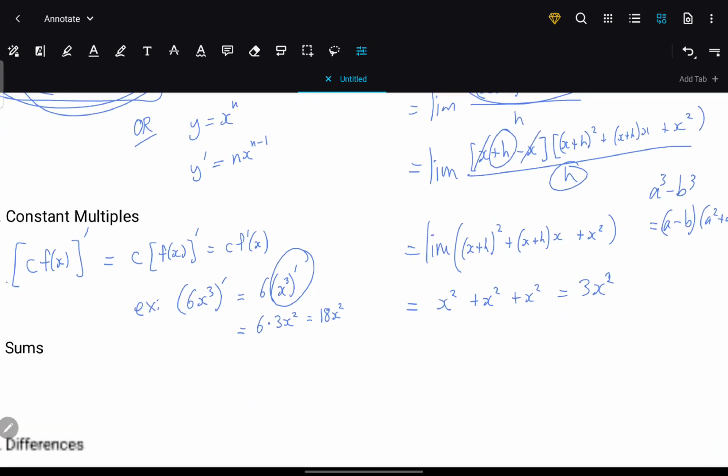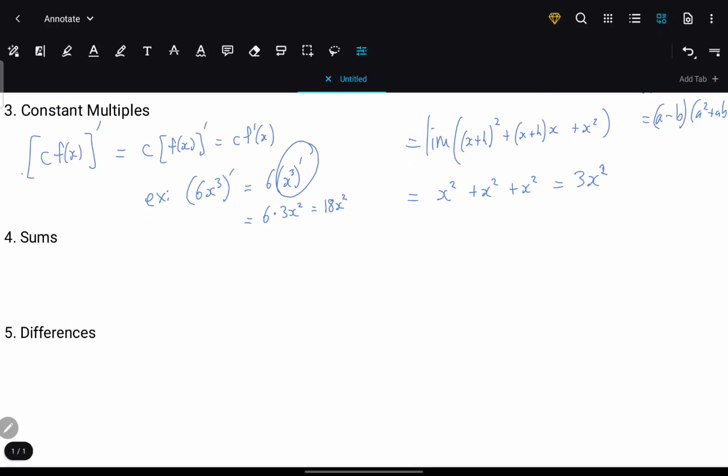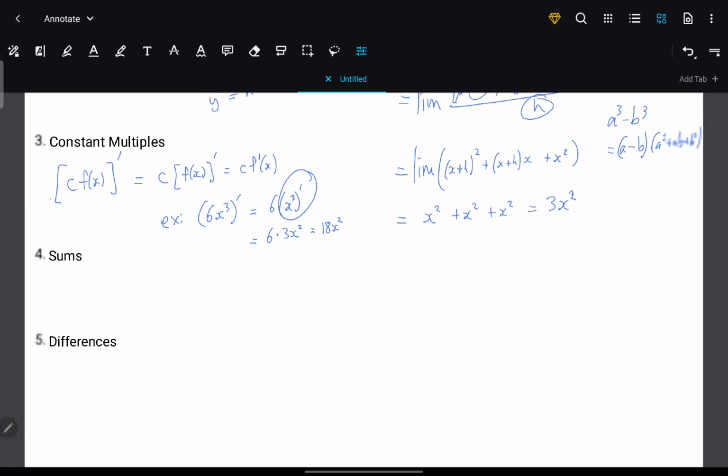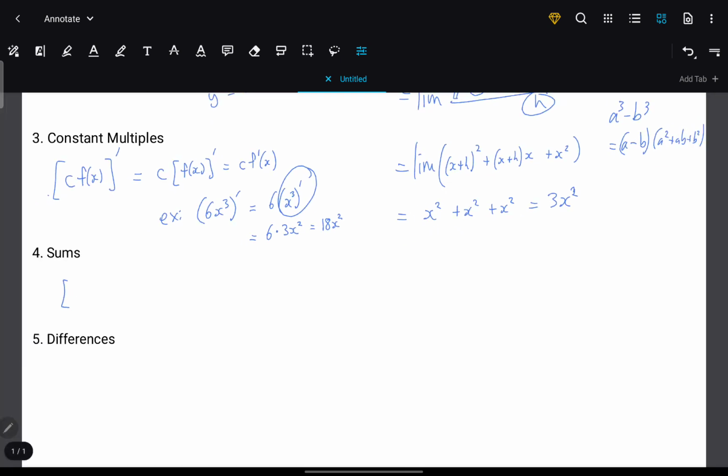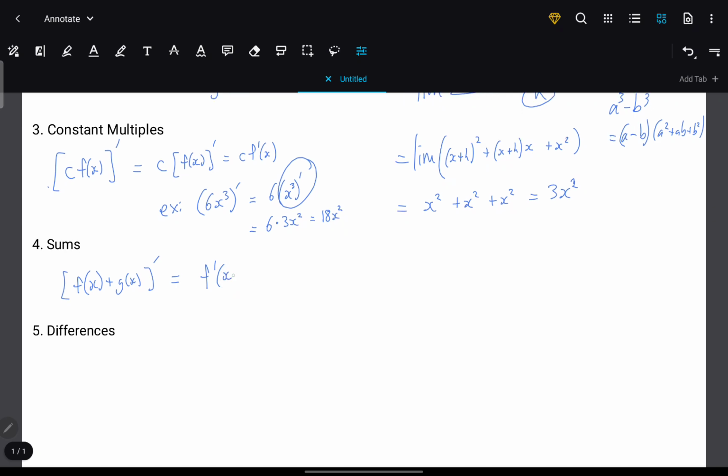Sums and differences. We'll do these at the same time. Pretty straightforward. If you have a function plus a function, so f plus g, and you prime, then you can do a distribution of the prime. F prime of x plus g prime of x.